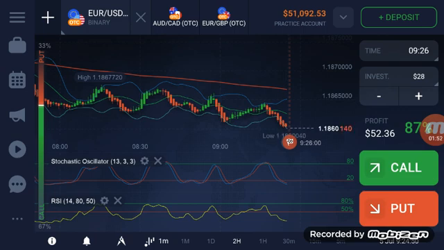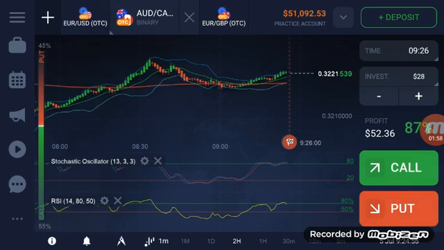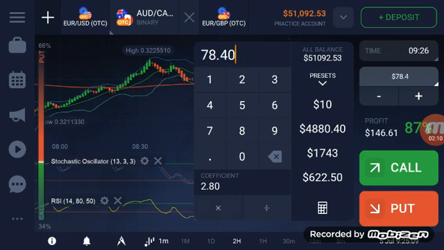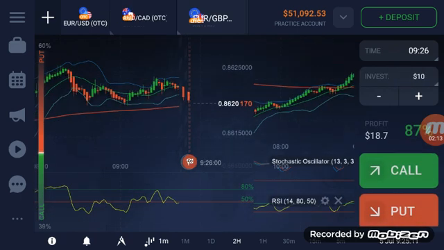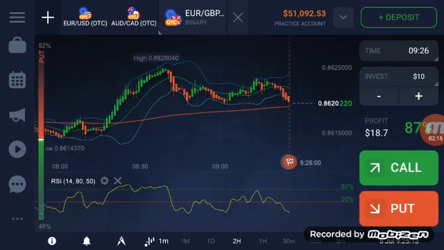Euro USD right now looks like it's going to turn and go up. Australia and Canada, the Bollinger Bands are too thin, so I'm not going to trade there, although it looks like it's going down. Euro GBP looks like it's going down, but it might turn.